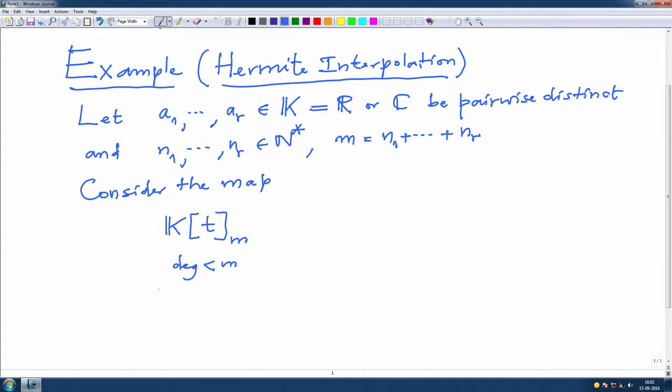We know this is an m-dimensional K vector space.